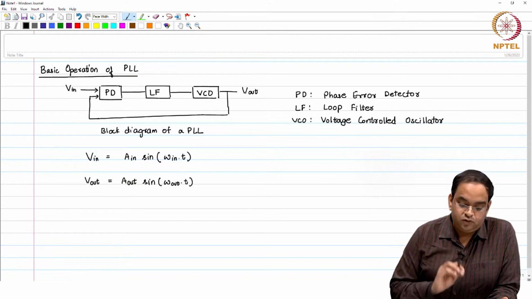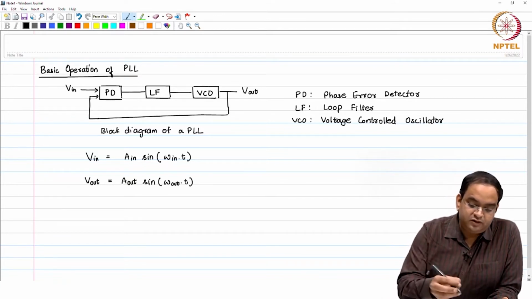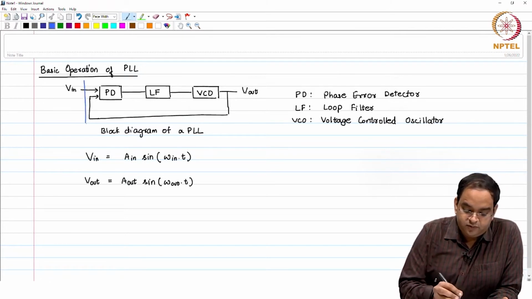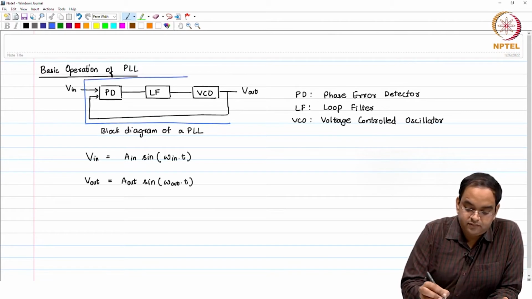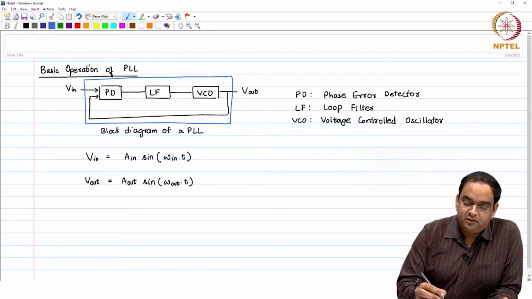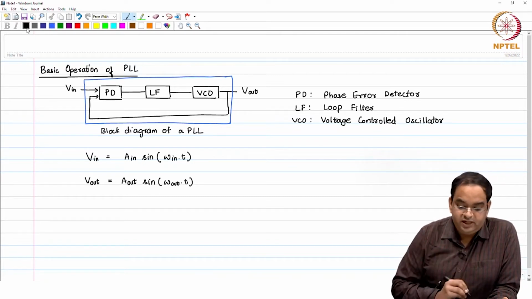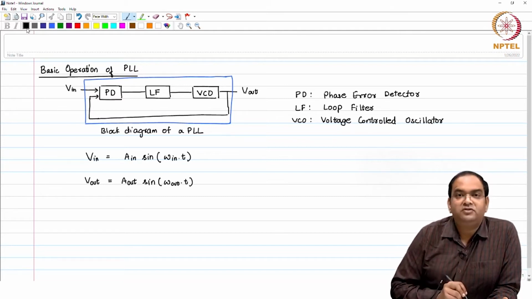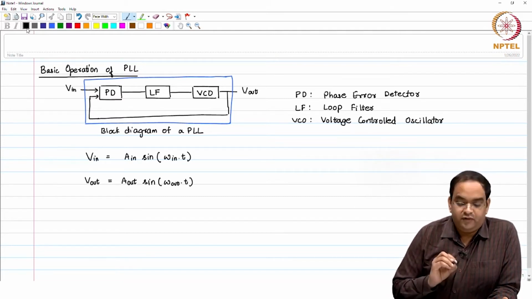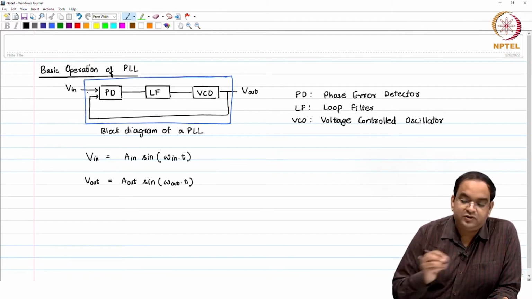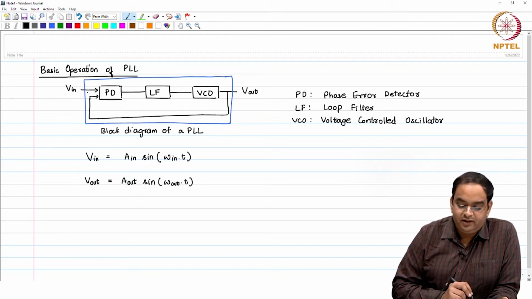We feed a sinusoidal signal at the input V in to this PLL block, and we get a sinusoidal output V out. For now, we will restrict ourselves to sinusoidal signals at the input and the output.